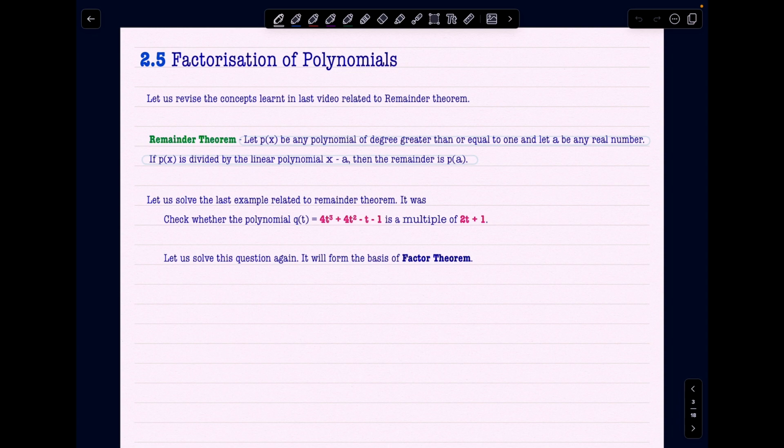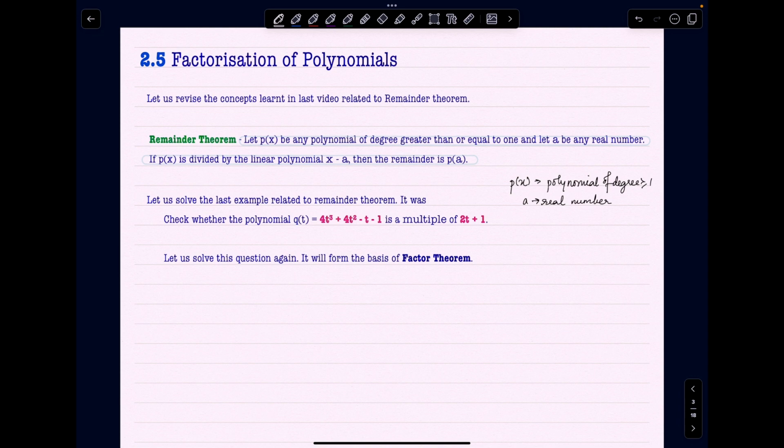What does this mean? Again, p(x) is any polynomial of degree greater than or equal to 1, and a is a real number.